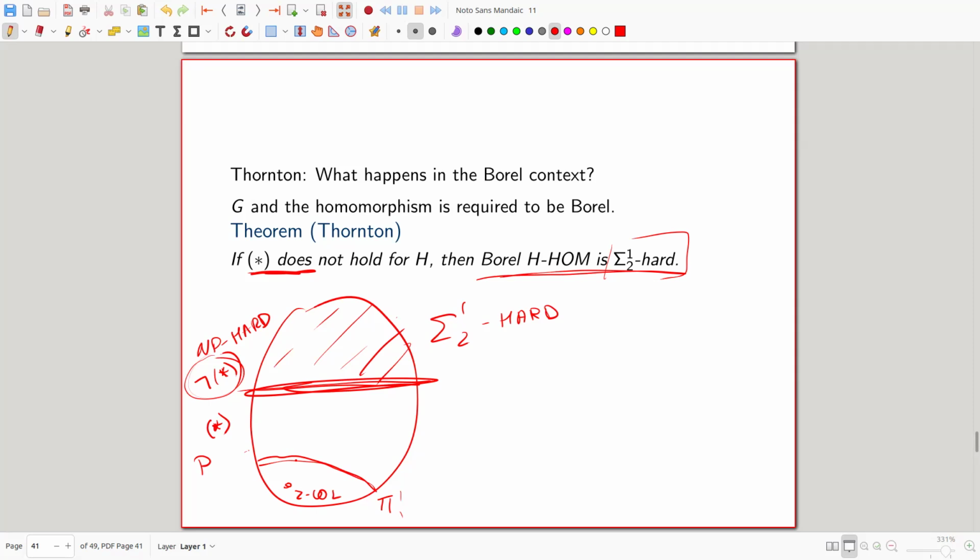And my Jugendtraum, my childhood or adolescent dream, was that the two hierarchies will actually match.